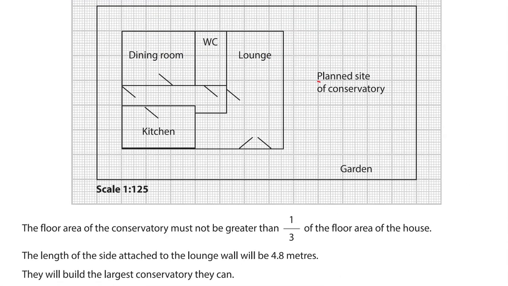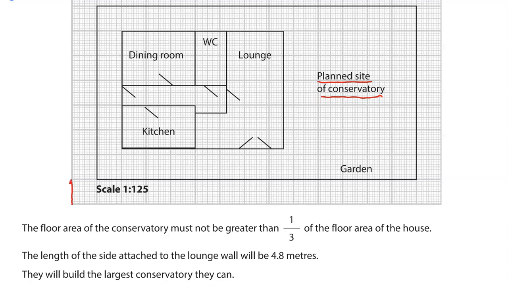So this is where the conservatory will be built. We know that the floor area of the conservatory must not be greater than 1/3 of the floor area of the house, but we don't know what the floor area of the house is at the moment, so we're going to need to work it out. We know that the length of each of these squares is 1 centimeter.